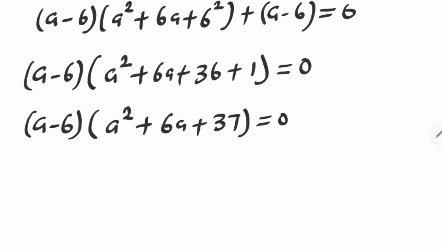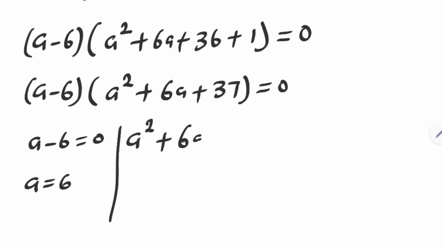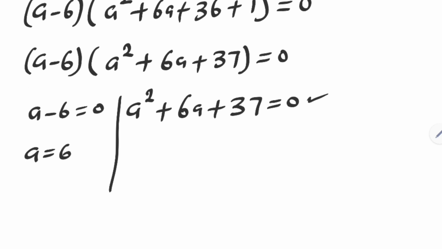The first case is a minus 6 is equal to 0, a is equal to 6. And the second case is a square plus 6a plus 37 is equal to 0. Let us solve this using quadratic general formula.